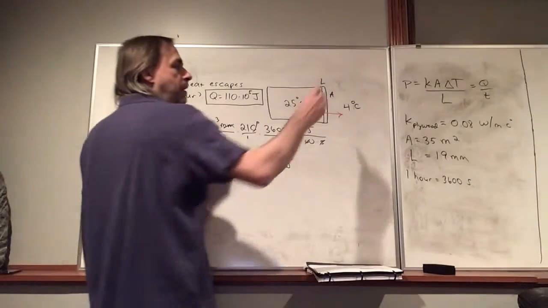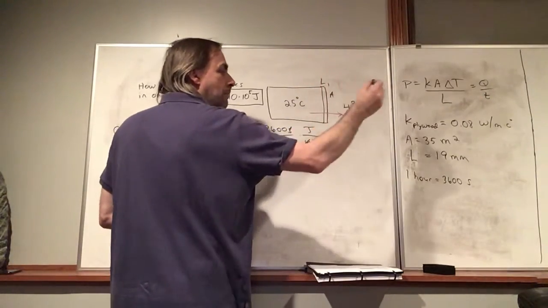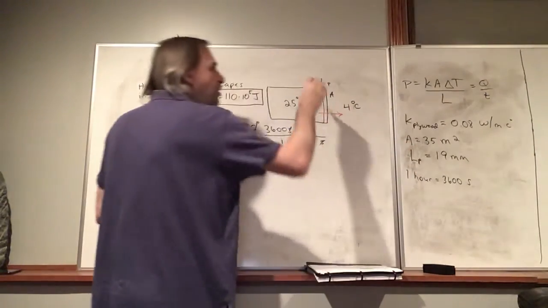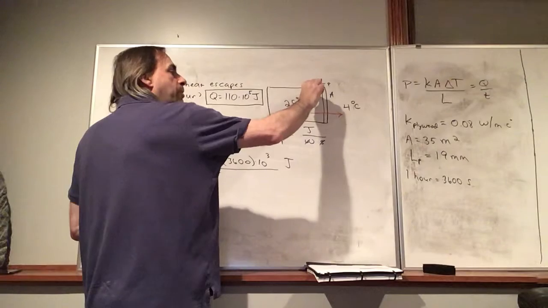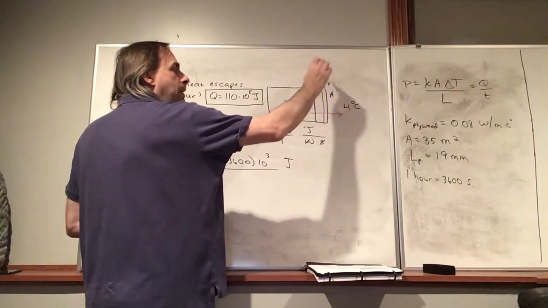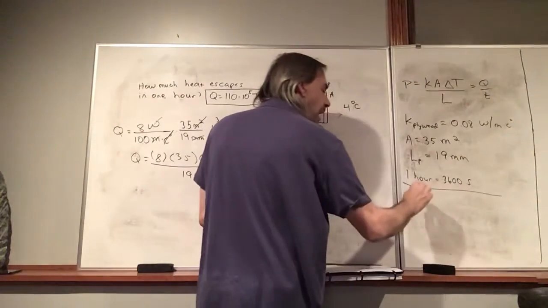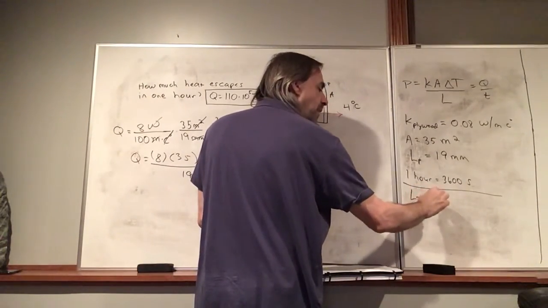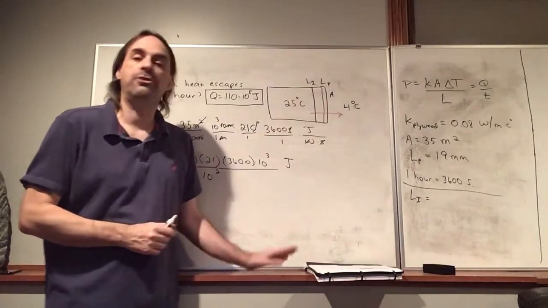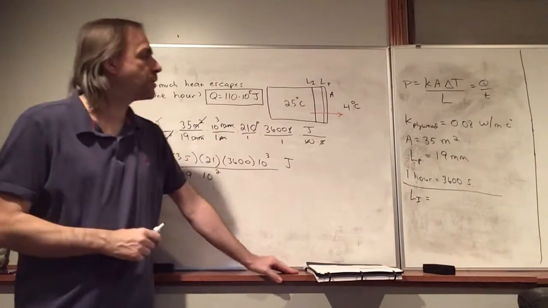I'm going to call this L1, or LP for plywood. What we're going to do is let's add a layer of insulation here. Let's call that Li. So here we have Li, that's the length of this layer, like the thickness of the insulation. We don't have the same cross-section area of the wall because it completely covers it.